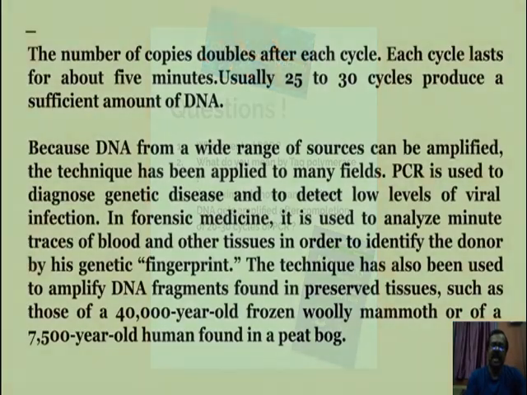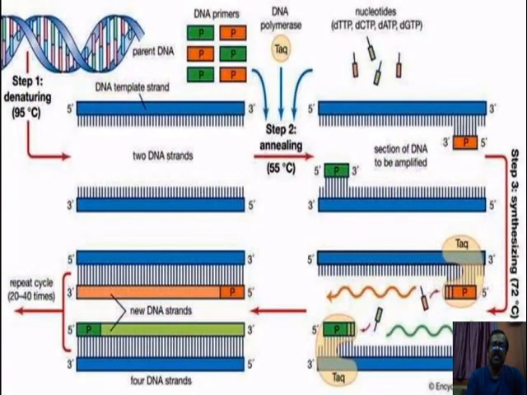As you can see, the DNA synthesis actually occurs at 72 degrees centigrade, so at higher temperature. That's why this polymerase is extracted from those bacteria, so that it can withstand this higher temperature and perform its activity, that is, synthesizing the new DNA strand.